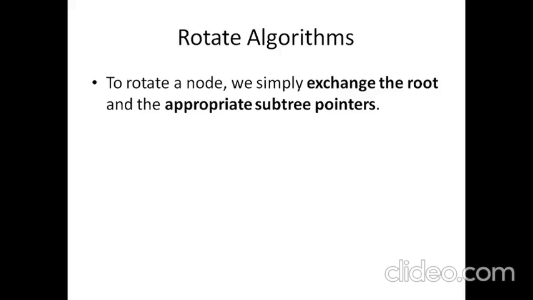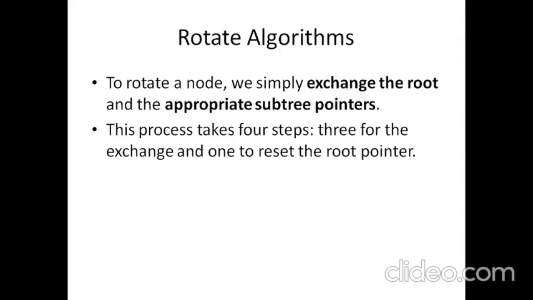Whether we rotate the left subtree towards the right, or the right subtree towards the left, we have seen how it can be done. And that is basically done by changing the root of the node. So whichever node is currently out of balance, the root will be either moved towards the left or towards the right, depending upon the direction of the rotation.